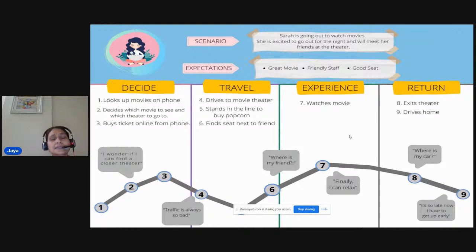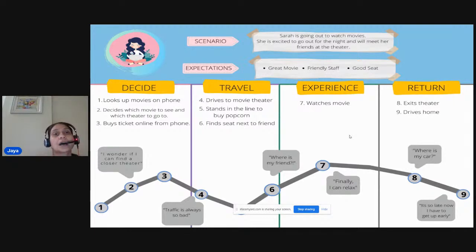We all have these expectations when we go to a movie: whether the hall is good, whether the ambience is good, whether the staff is good. This comes to every person's mind. I'm not talking only about Sarah; when I go to watch a movie, I also think about all these parts.